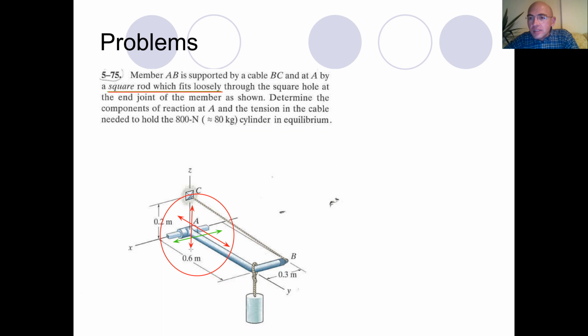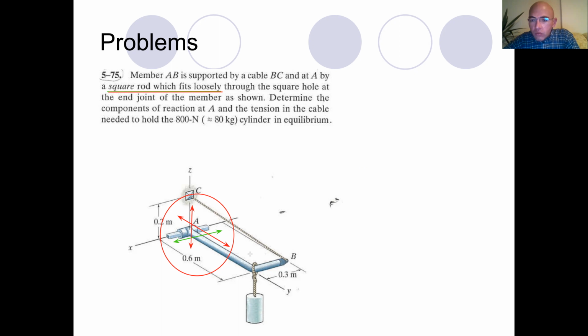This basically means that at joint A, there is a force component in Y coordinate which restricts the motion, and there is a force component in Z direction which restricts the motion, but certainly there is no force component, reaction force, at joint A in X direction.